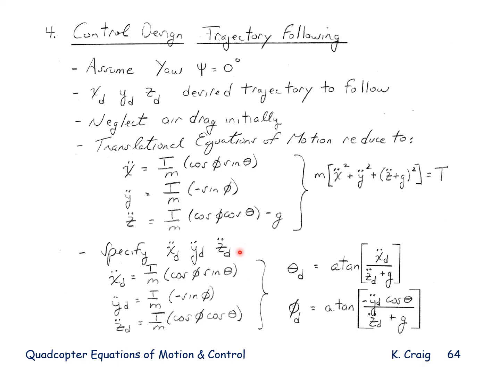If I specify x_d double dot, y_d double dot, and z_d double dot, and I equate those to the expressions on the right side of my equations of motion, I can then solve for the desired angle theta and the desired angle phi for my specified trajectory.